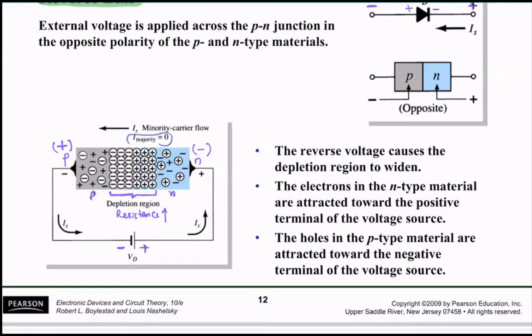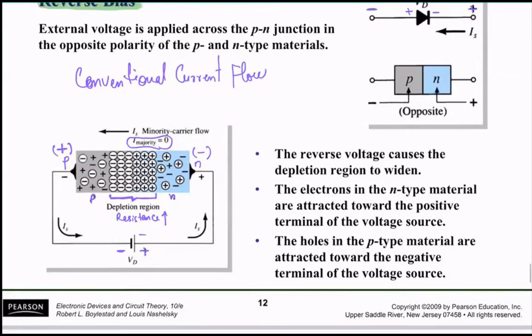We know the conventional current flow is from positive to negative terminal, so from the positive terminal of the battery it would go like this, like this, like this, and then come back. But the current is going to be 0 because of the depletion region.